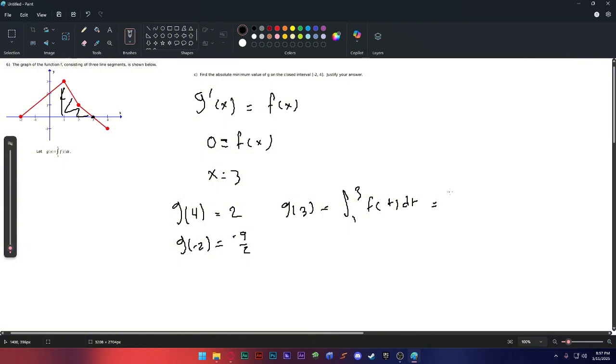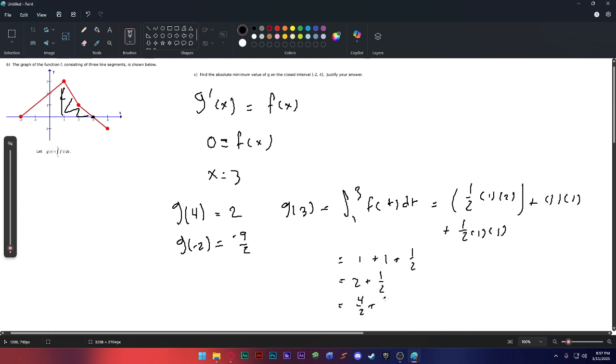And if you have your work from earlier, you should know that it's just 1/2 times 1 times 2 plus 1 times 1 plus this triangle over here, which is just 1/2 times 1 times 1. So those 2's cancel out. 1 plus 1 plus 1/2. 2 plus 1/2. 5/2. So g of 3 is 5/2.